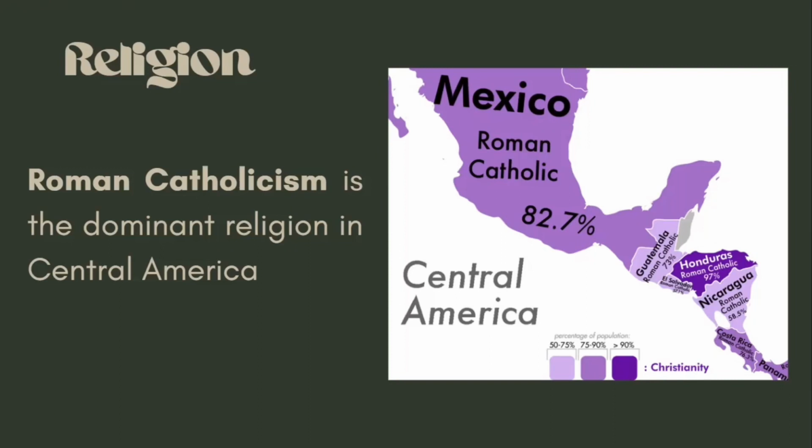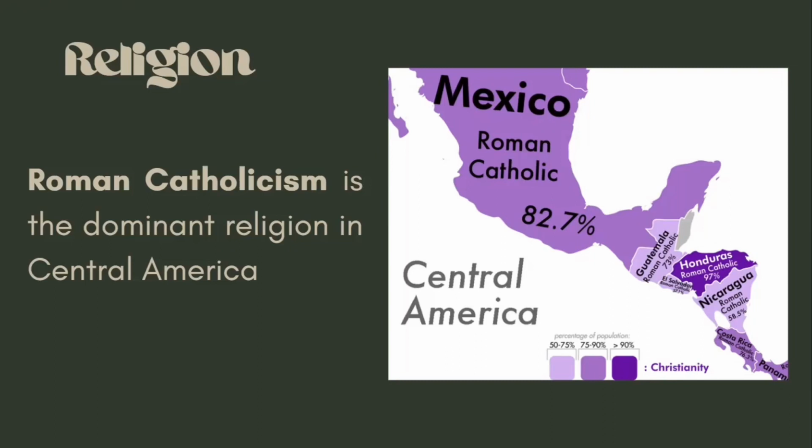Now, another factor is the role of Protestantism as a vehicle for social and political change. Now, in many cases, Protestant churches have been at the forefront of social and political movements in Central America. They advocate for human rights, social justice, and political reform.